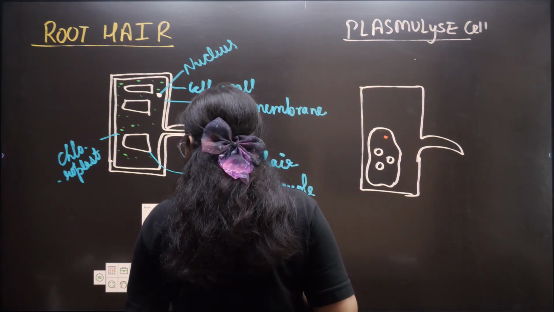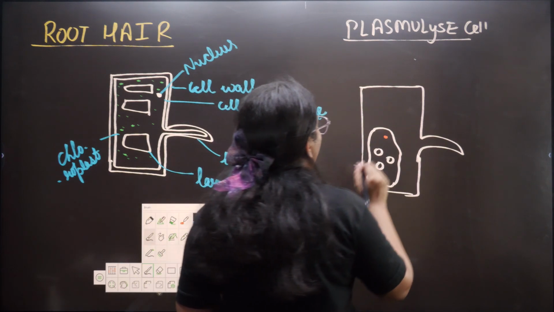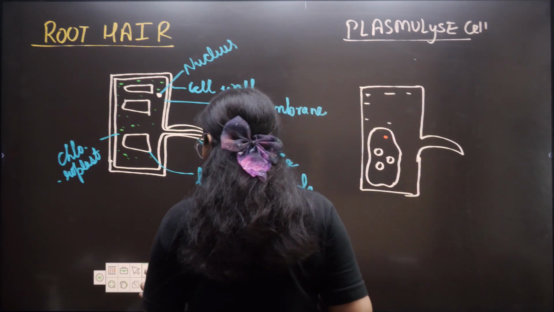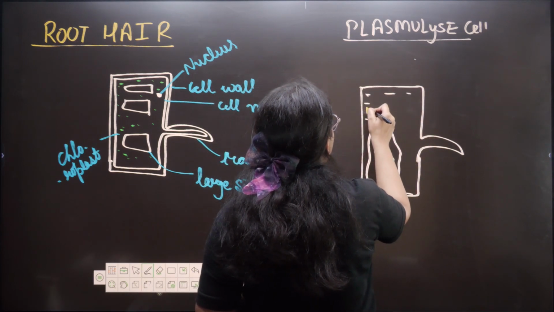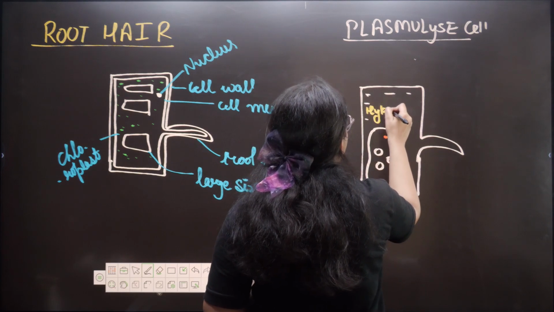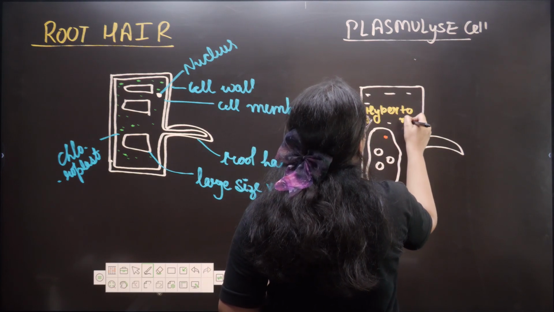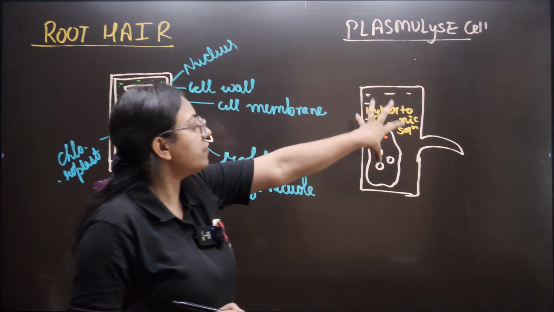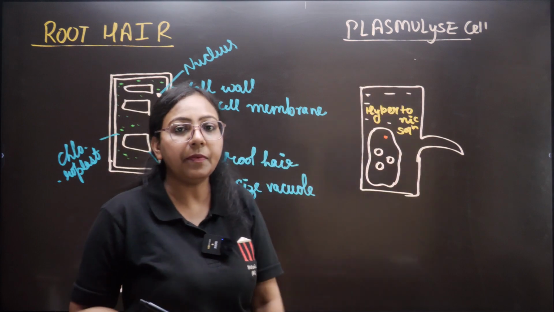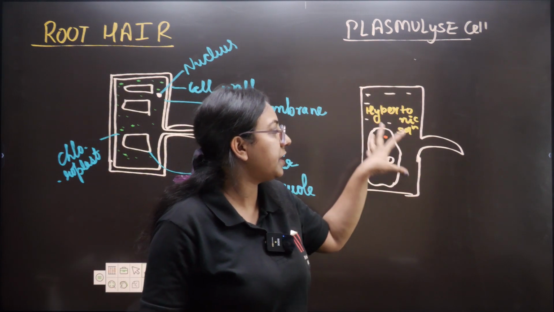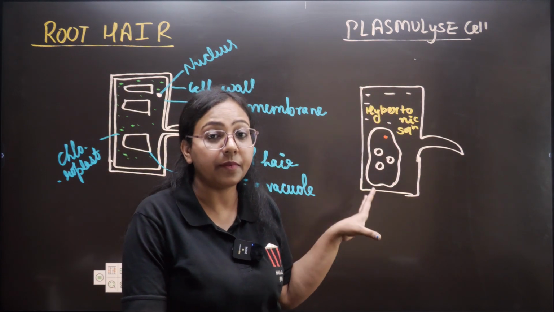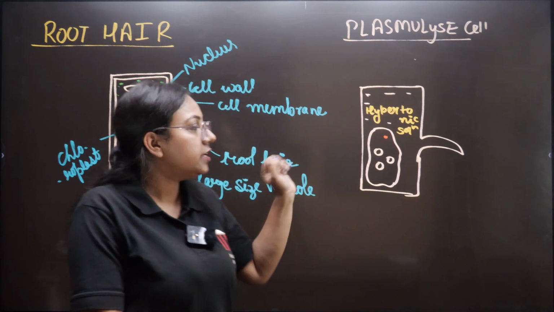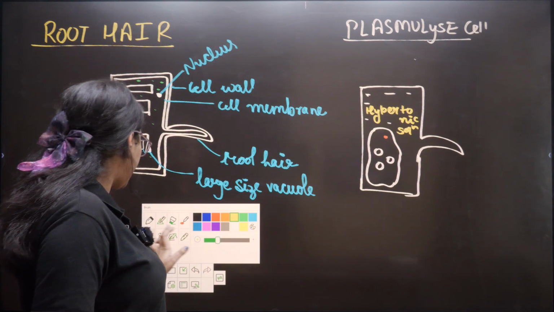Now what is there here? Here is the hypertonic solution. This hypertonic solution fills all the empty places, and that is why this cell membrane is just dying, okay?